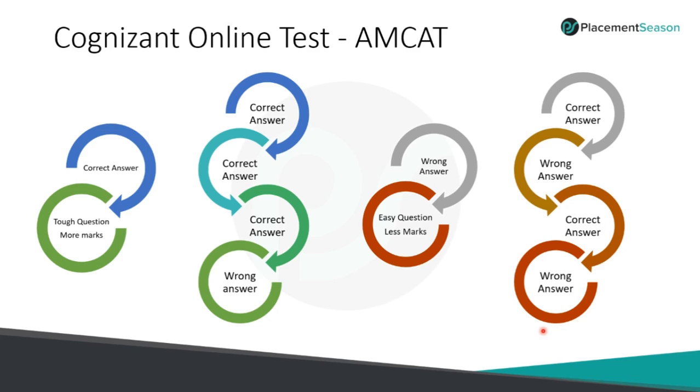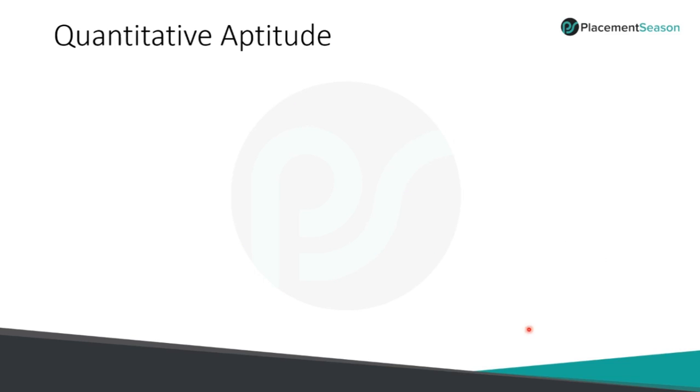Now let's see what the syllabus is for the various sections. Quantitative aptitude basically checks your mathematical skills. It checks your ability to work with numbers.